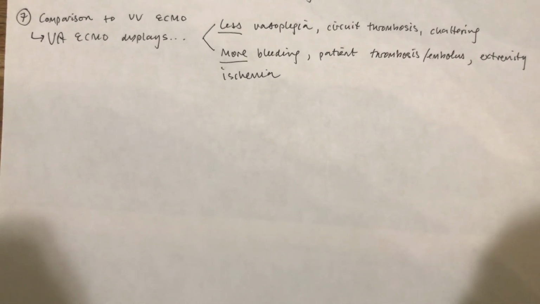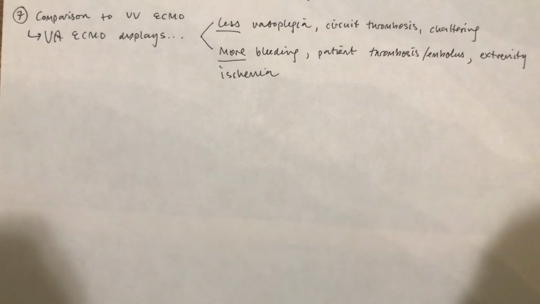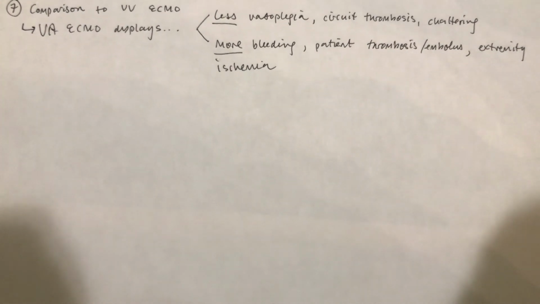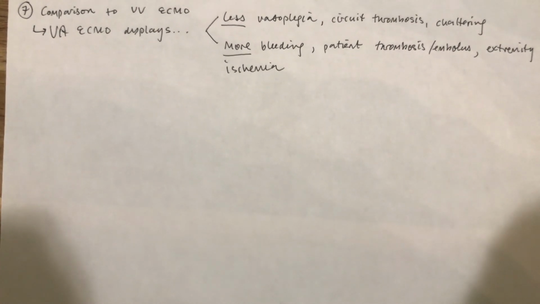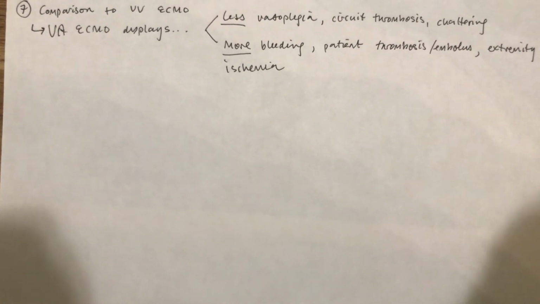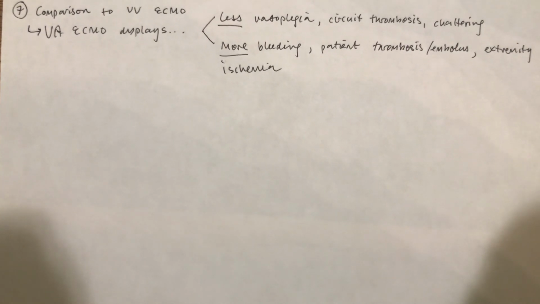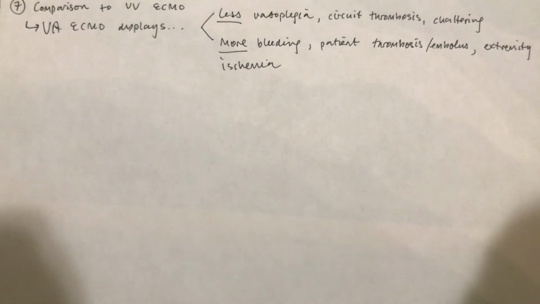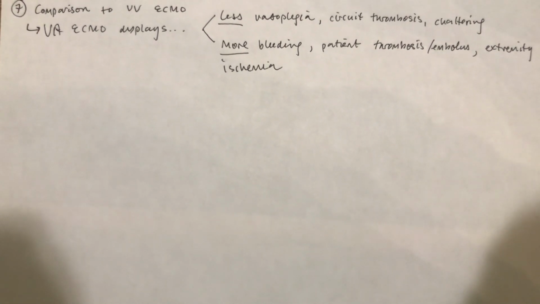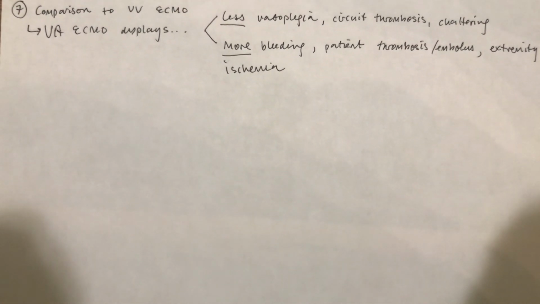And you also see more extremity ischemia, and this is again because the dominant phenotype is cardiogenic shock. You have an arterial cannula that's going to prevent antegrade flow to the legs, and or a venous cannula that will prevent venous drainage. So all of these things combine to make extremity ischemia more common in VA than VV.